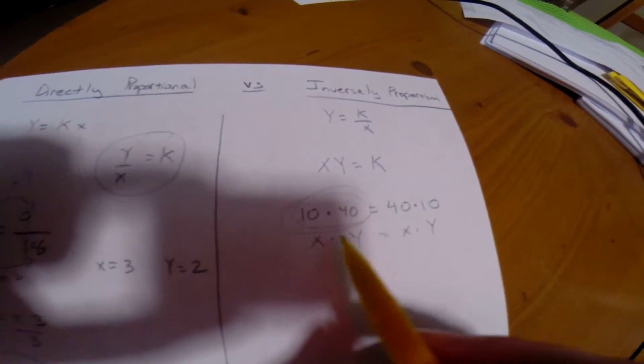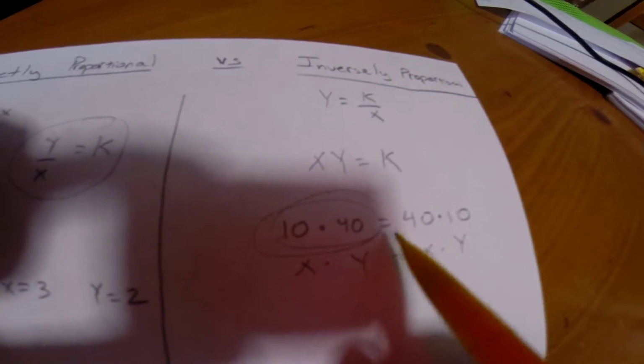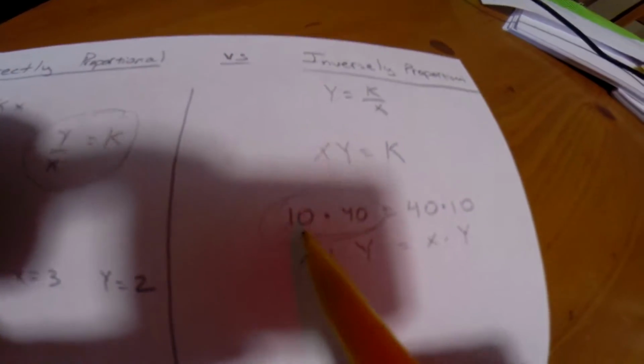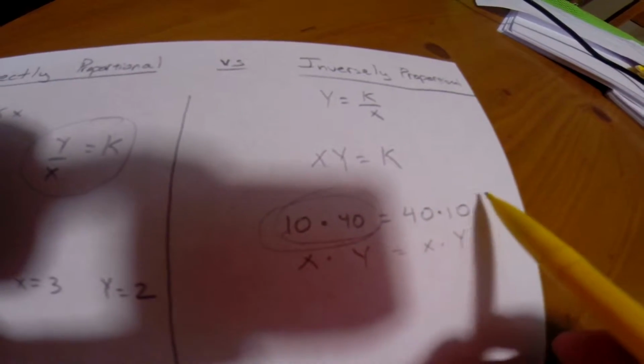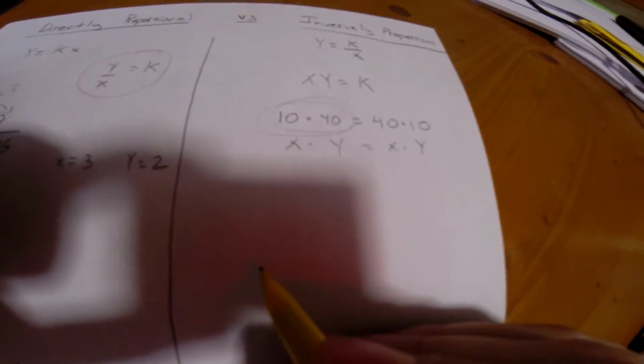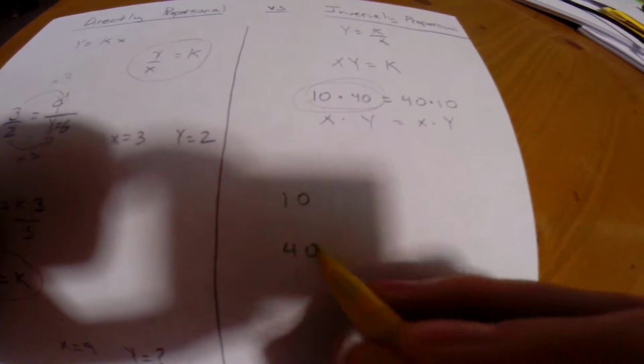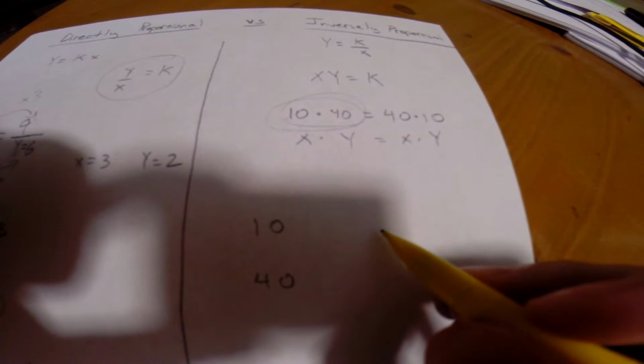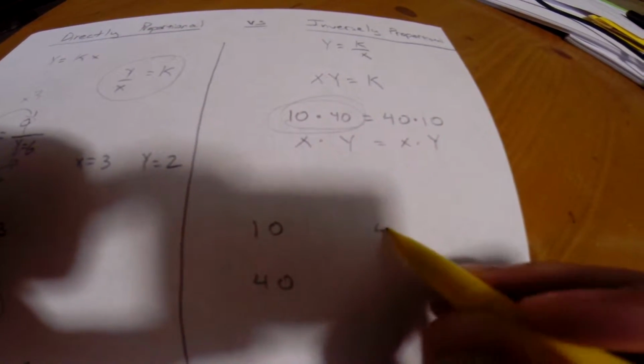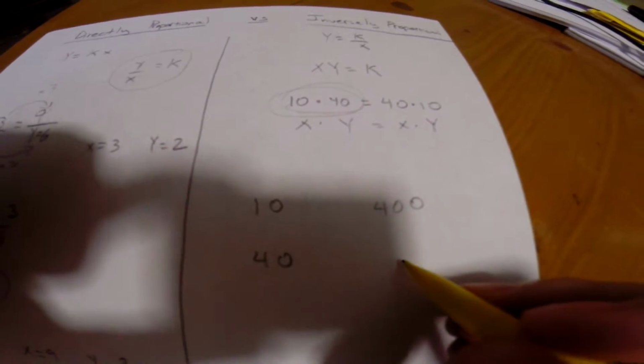So here k represents the multiplication of any two values. It's pretty obvious 10 times 40 is going to be equivalent to 40 times 10, right? But what if I say that another set of values are inversely proportional? Let's say I give you 10 to 40, and just to keep everything clear, let's say the other one is 400, and I want to figure out what this value is, and we'll call this y.